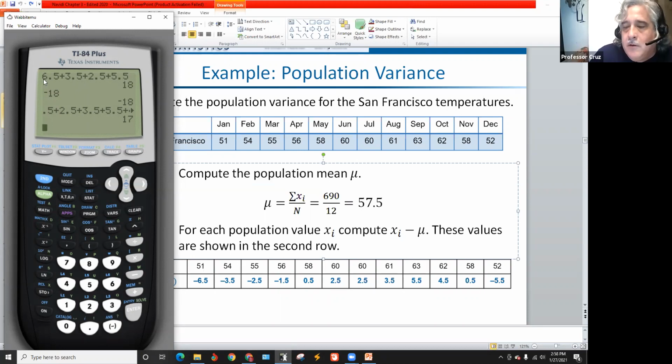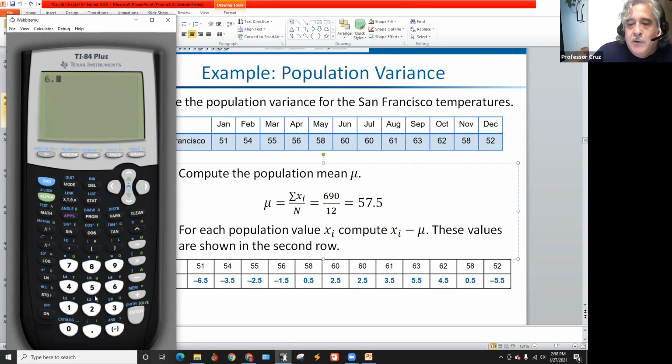Oh, let's see. 6.5, 3.5, 2.5. I think I didn't. Let me go ahead and start over. I think I left out one. I'm just adding them as positive, and then I'm going to change the sign since that'll be easier.